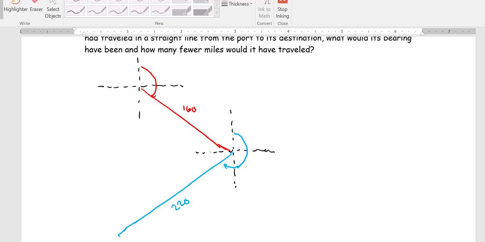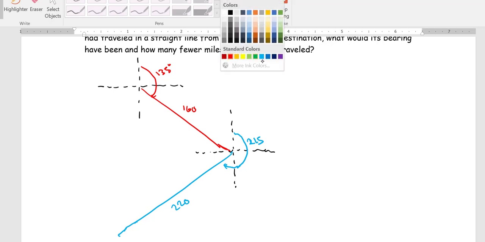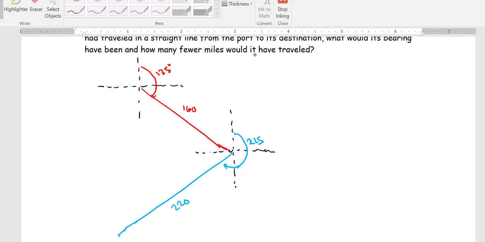So that is 215 degrees. The red one was 135 degrees. I'm going to try to find this length right here. Let's call this side D. I'm going to need to find some angles here.